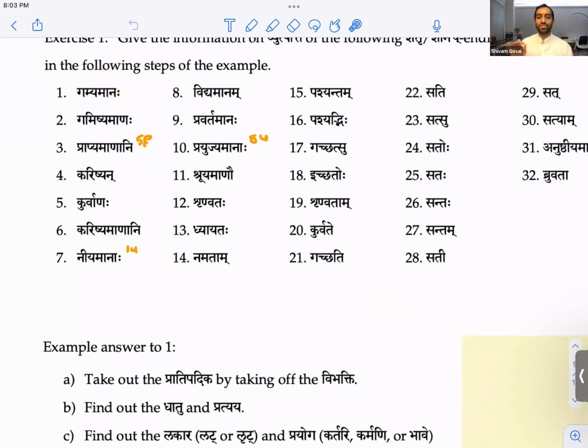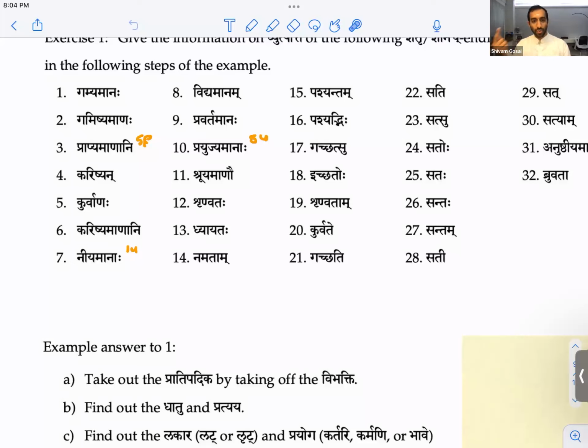Now, how do we translate this word? We've got a lot of information. We know it's gam, Śānac. We know it's lat lakara, and we know it's karmani prayoga. Since it's karmani, we're going to say it's an object. An object which will, oh no, not future tense, we're in lat lakara.